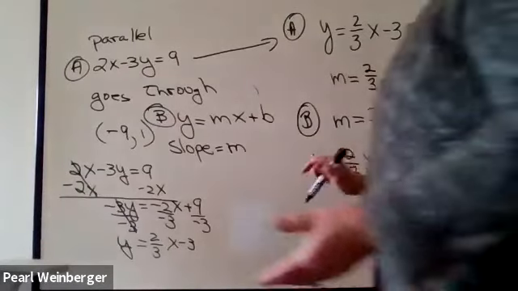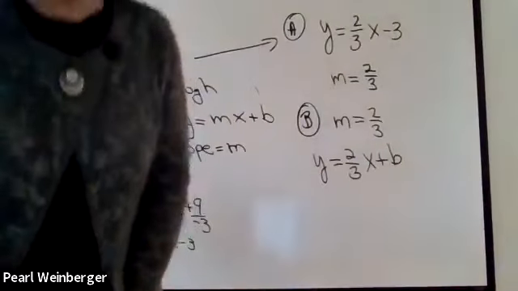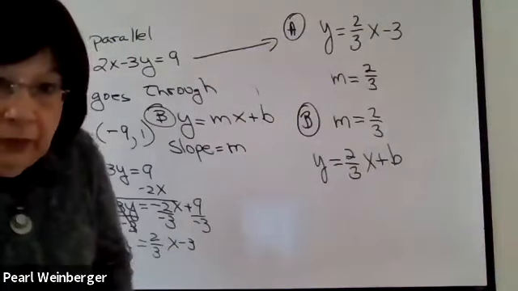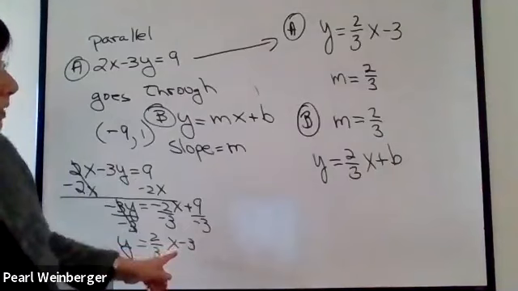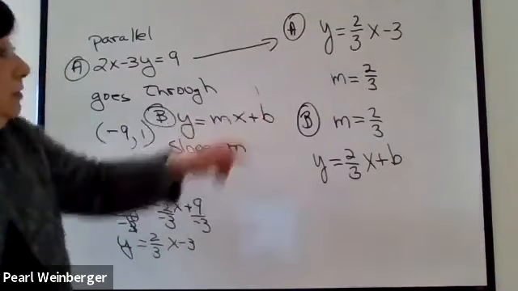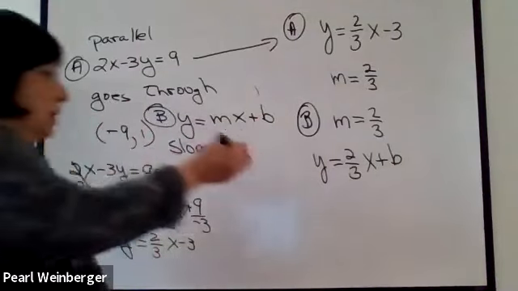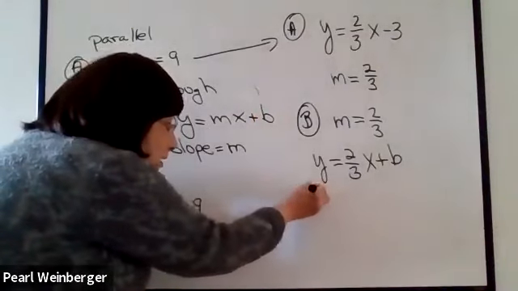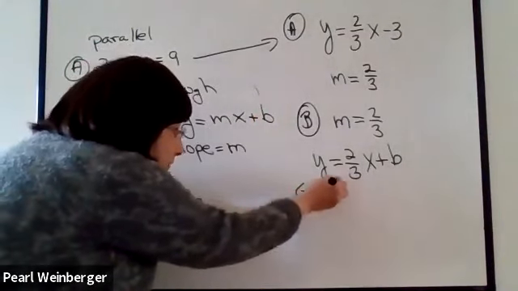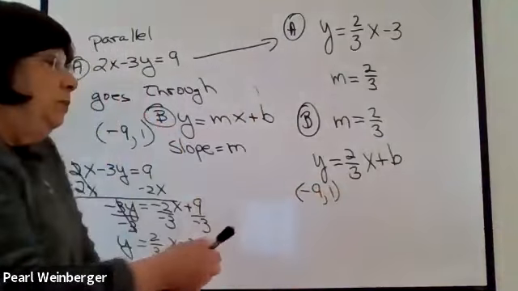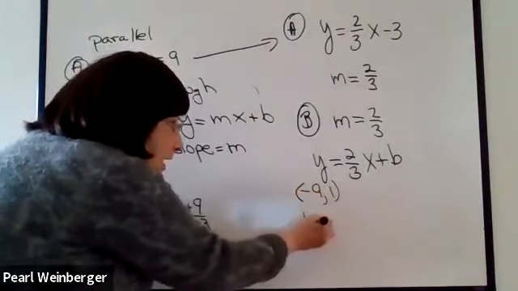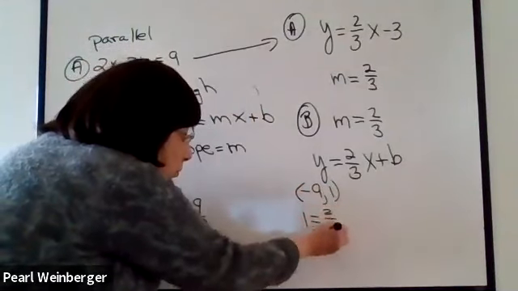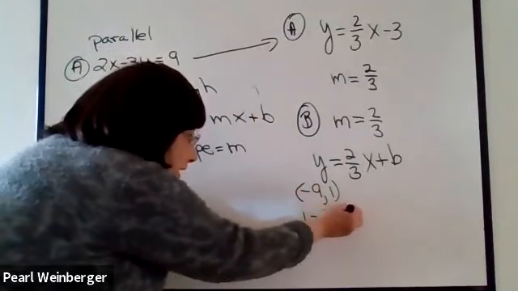And we've done these types of questions before. In order to find what the b is, we take the point that the line is on, that we know is the point (-9, 1), and replace the y by 1, and the x we replace with -9.